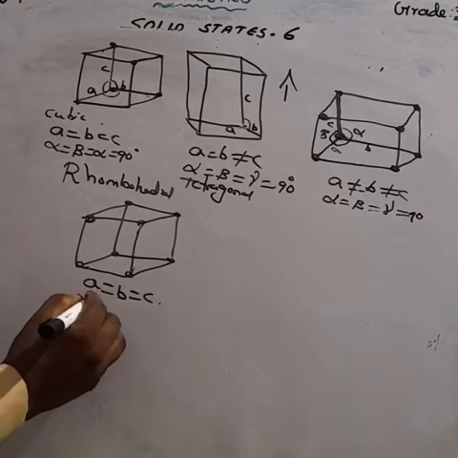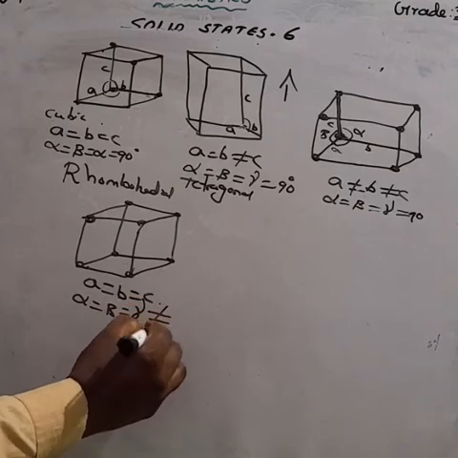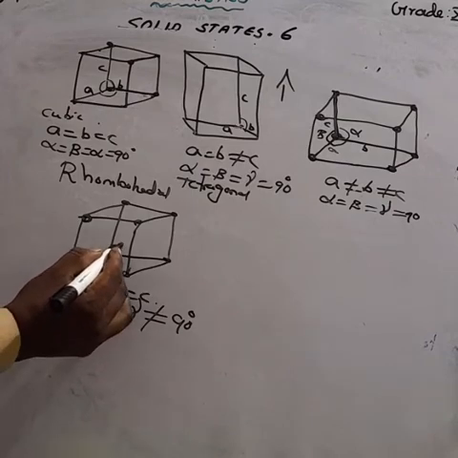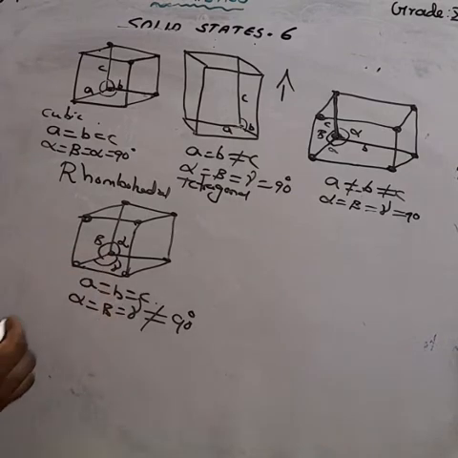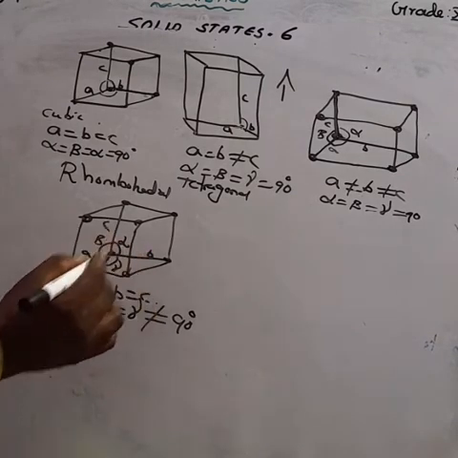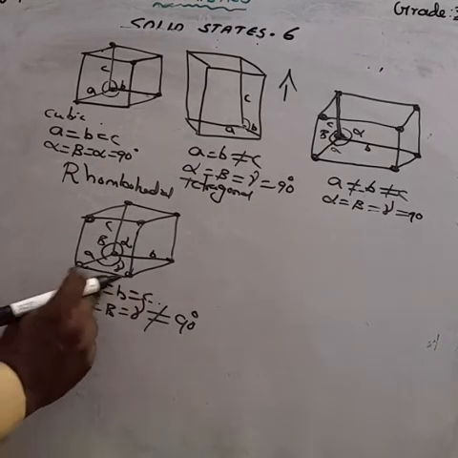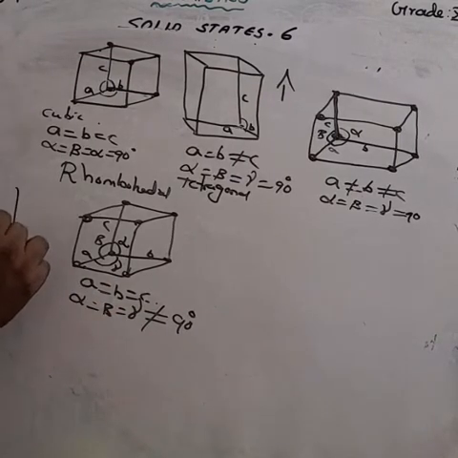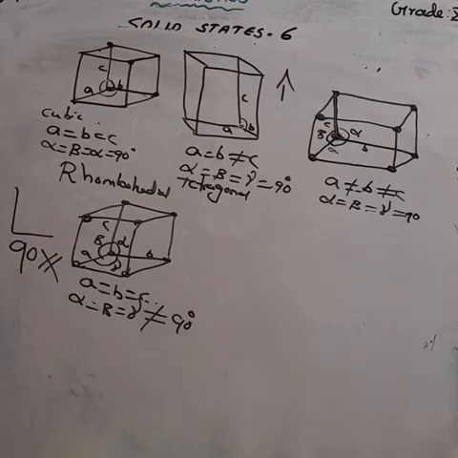Alpha is equal to beta, beta is equal to gamma, but gamma is not equal to 90 degrees. Can you understand? That is the rhombohedral. Almost the same length, but angles not equal to 90 degrees.